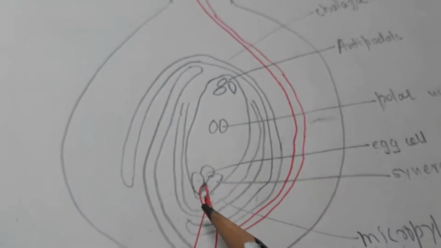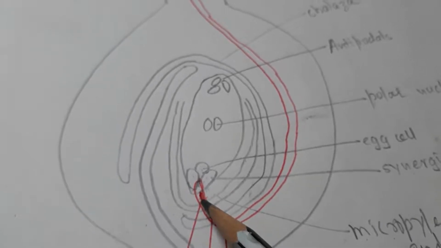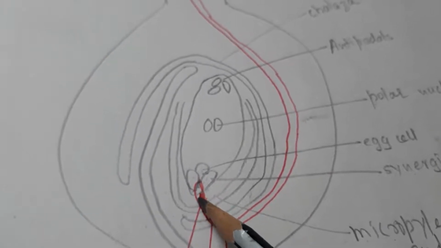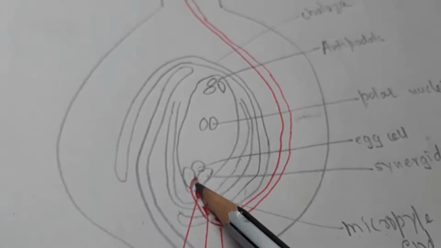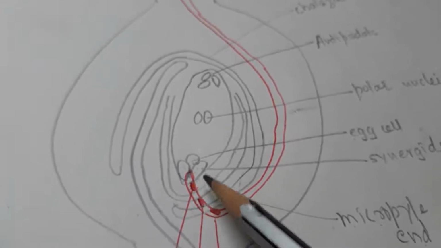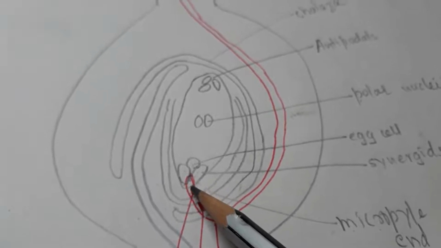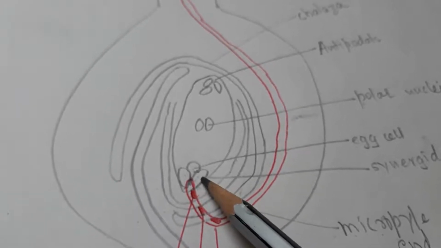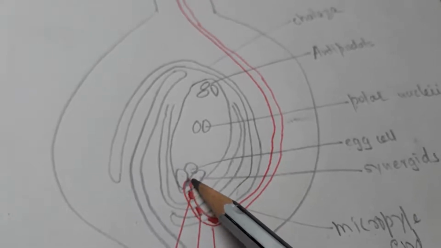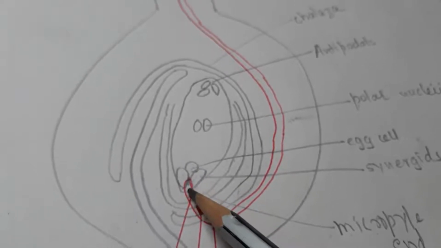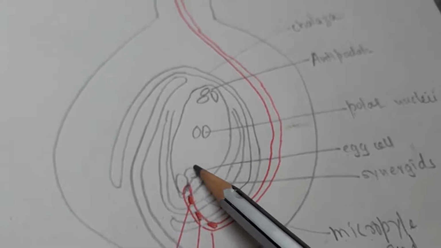Now what is going to happen to this? One male gamete is going to enter, and another will also enter. But from where is it entering? Can you see the synergid? Here, through the filiform apparatus, the pollen tube is entering and the male gametes are released inside.